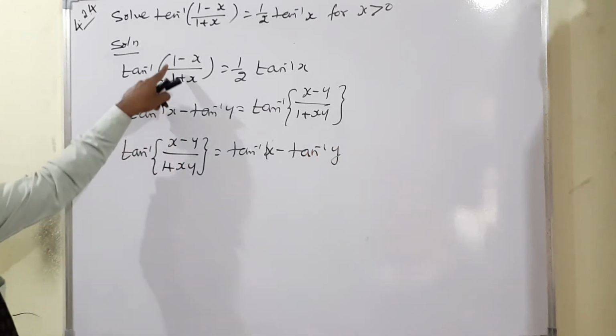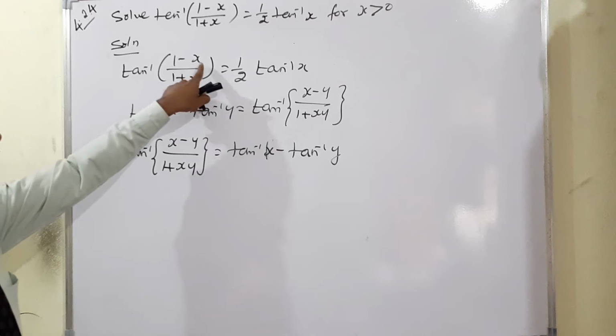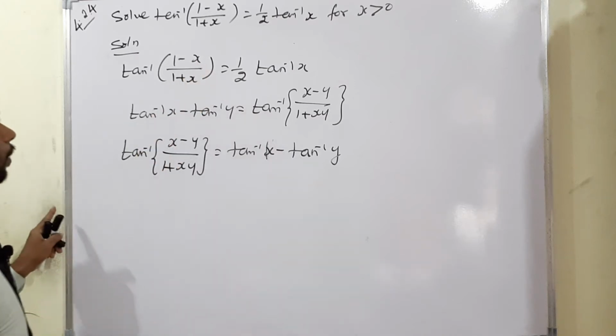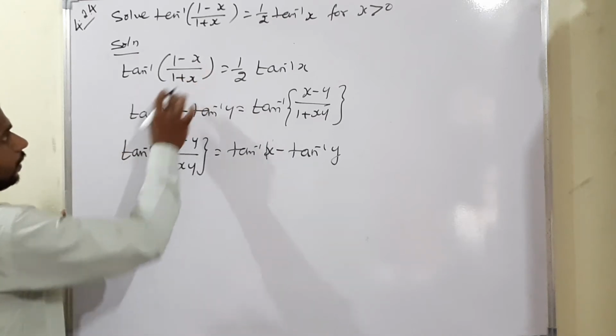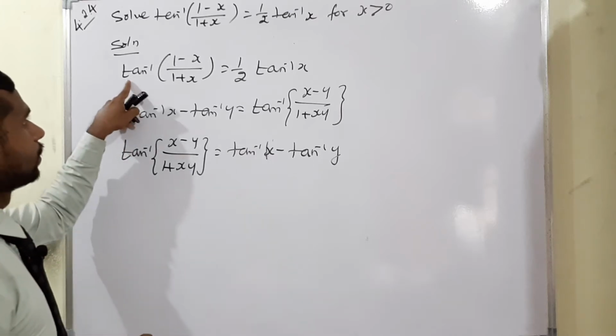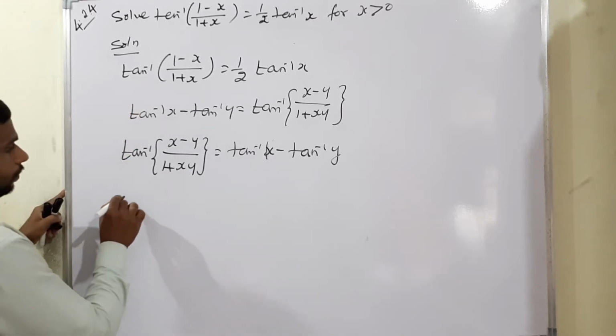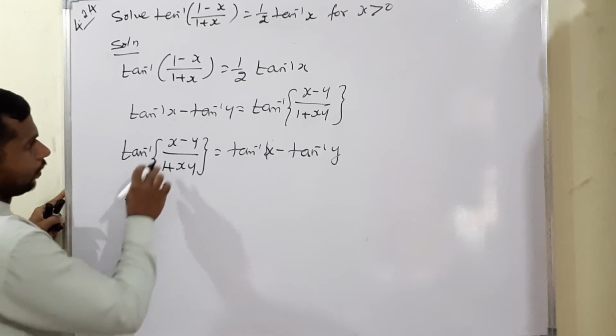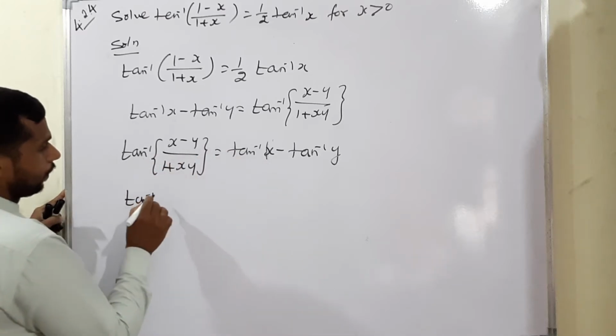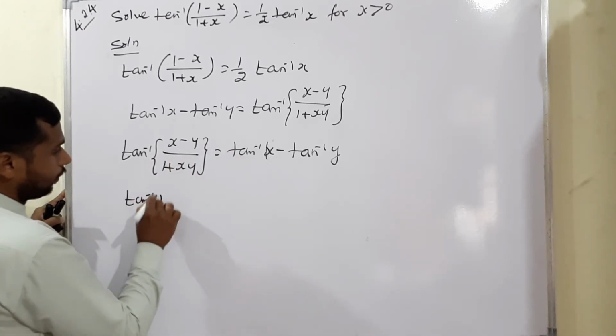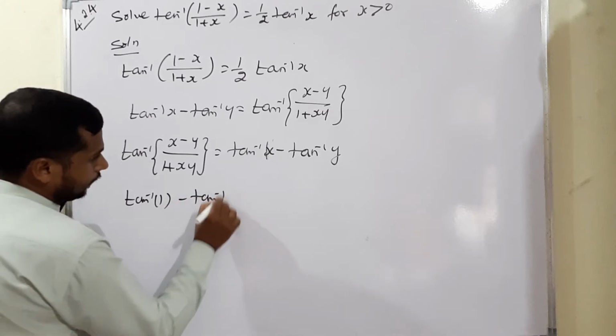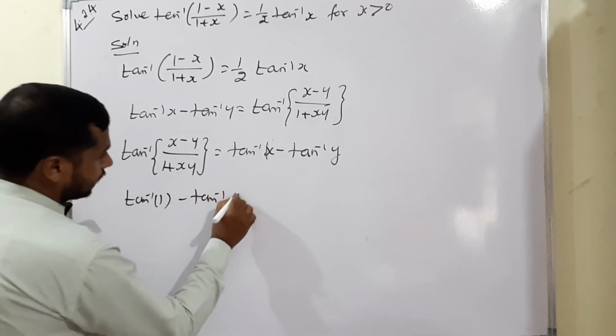Instead of x we can take the value 1, and instead of y the value will be x. So what will happen? Tan inverse 1 minus tan inverse of x, isn't it?